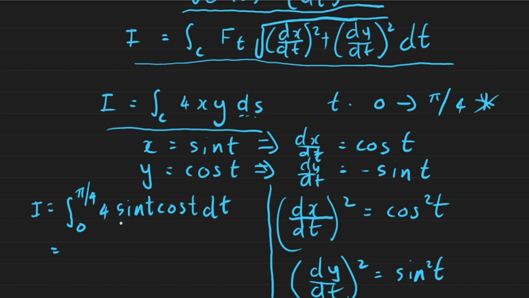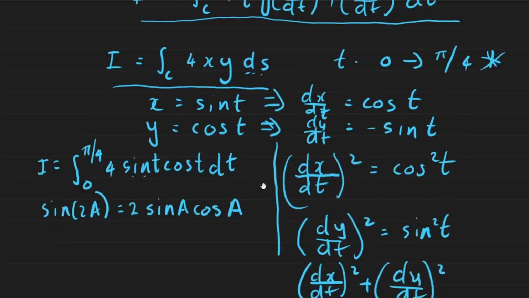If we look at the term inside the integral, we see that it very closely matches a trig identity, and that identity is that sine of 2a is equal to 2 sine a cos a. So we would now put that into our integral.